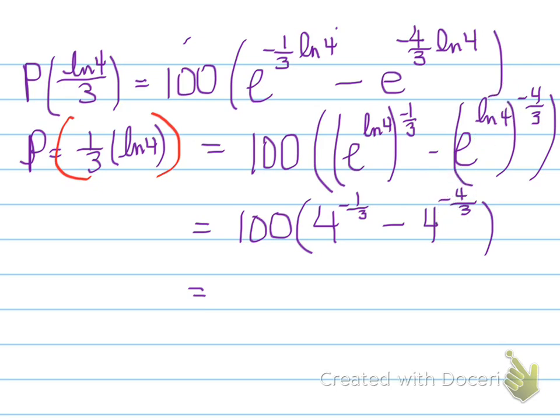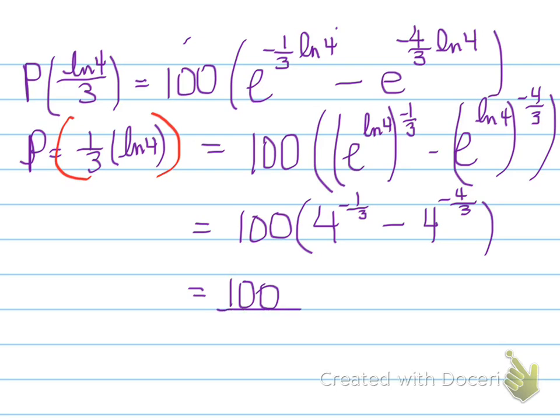If we were to simplify this further, let's say you're in a university where your calculators are not allowed, you can now simplify this expression even further. You would have now 100, and you would have to pull out 4 to the negative 4/3.